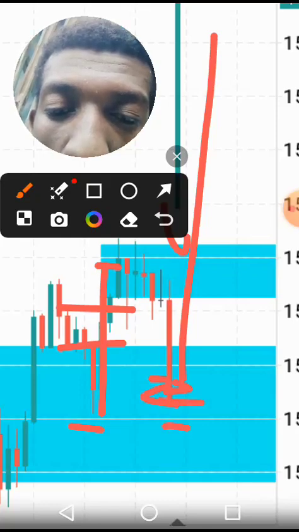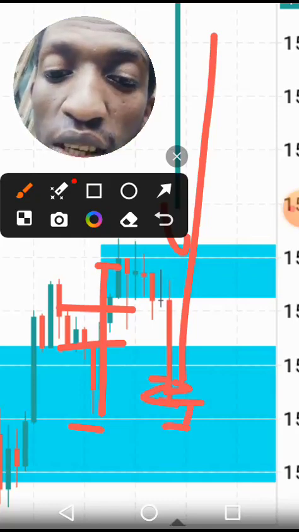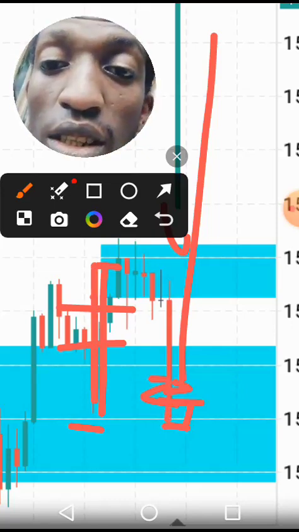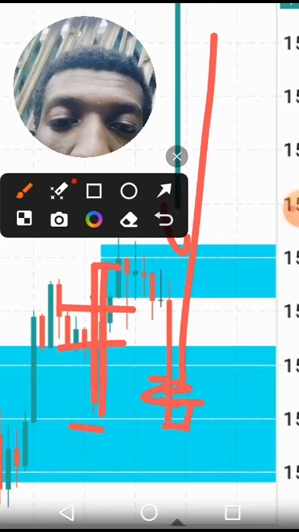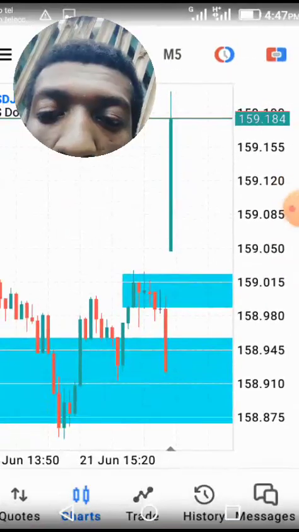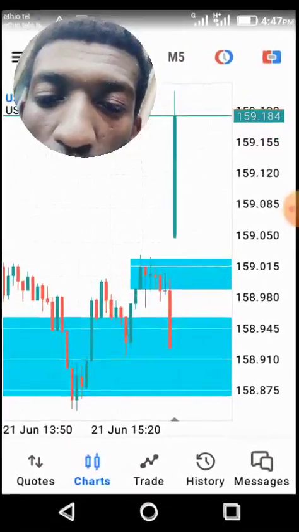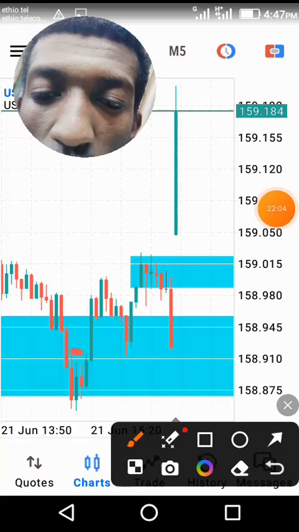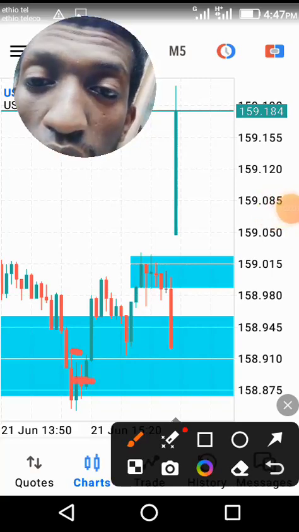There is a huge difference between risking this one and risking this one. There's a difference. Okay. And as you can see, that is exactly what happened. So your buy down there is still running.